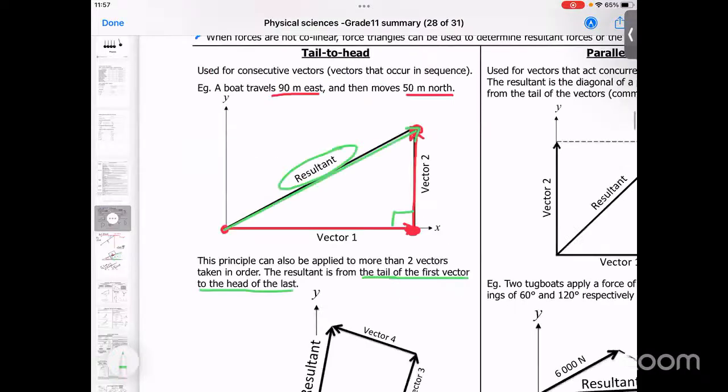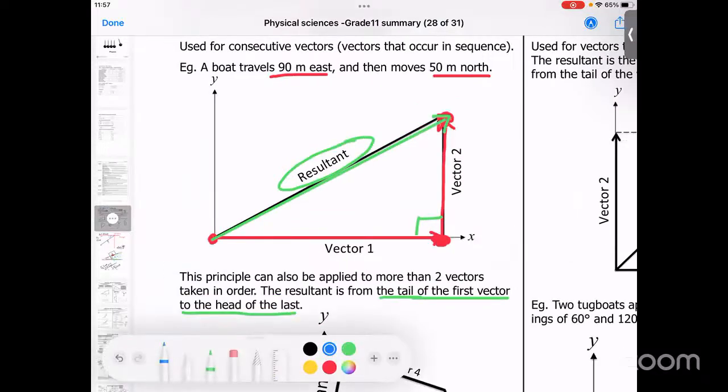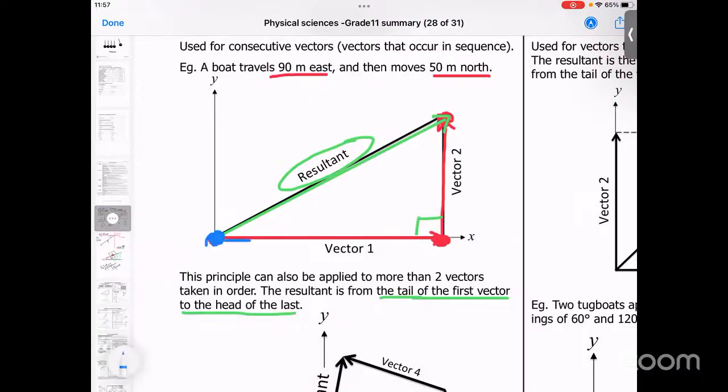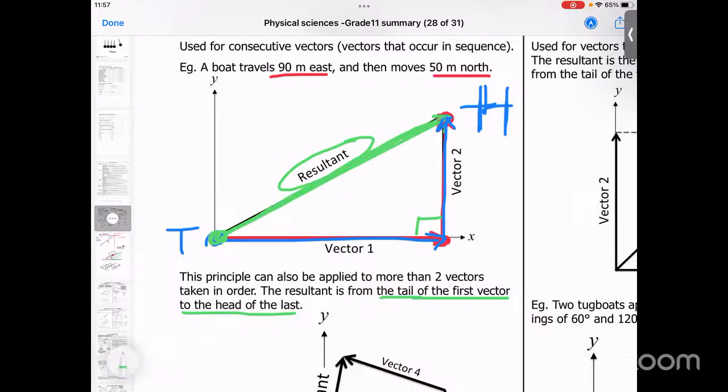Okay, now that they are talking about the tail and the head, that means the tail is the start, from where it has started. Then it covered that distance, and from there it ended there. So this should be the head. So this would be the tail, and this would be the head. So that means the resultant will be from the tail, the start, until the latest point.